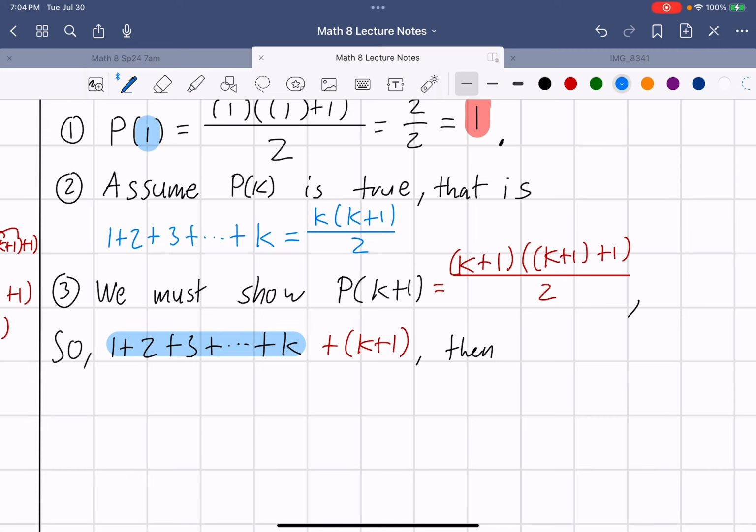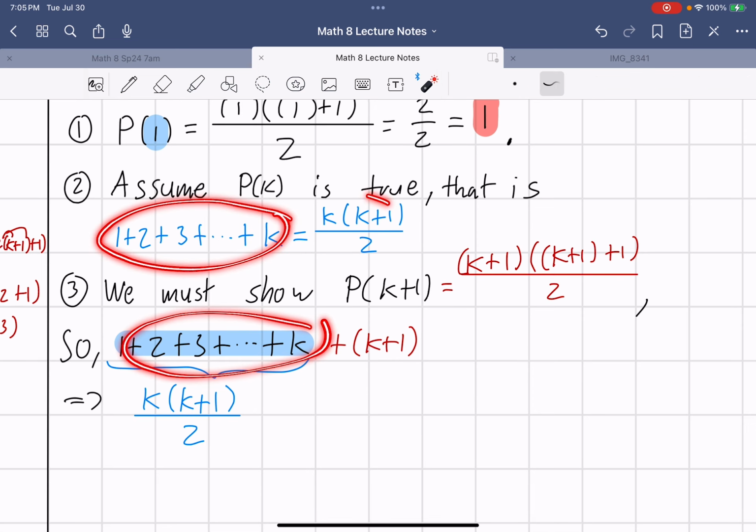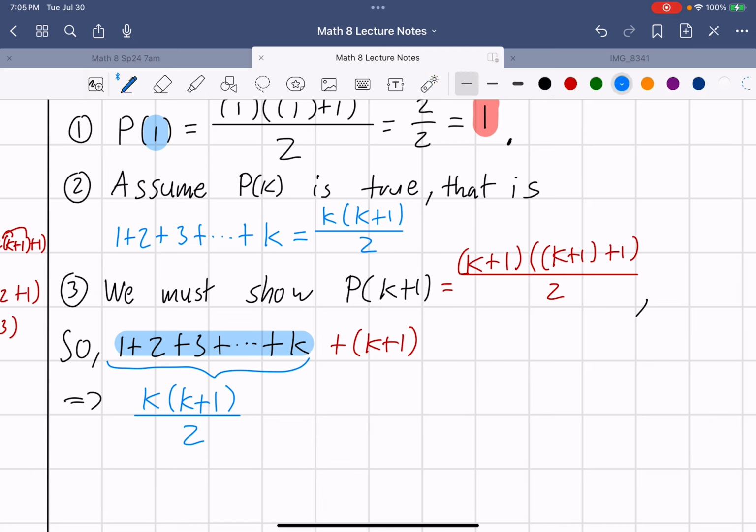Then we have 1 plus 2, or sorry, this is k times k plus 1, or sorry, I should just write equals here, or arrow, right, all over 2, because I'm using that this is equal to this, k times k plus 1 all over 2. Again, we're still adding this k plus 1 term.